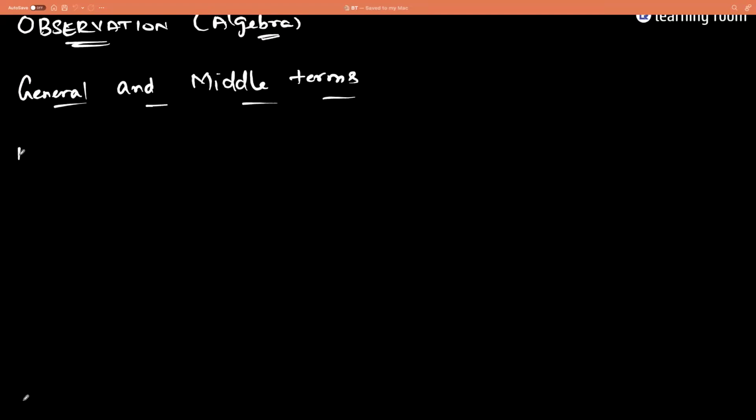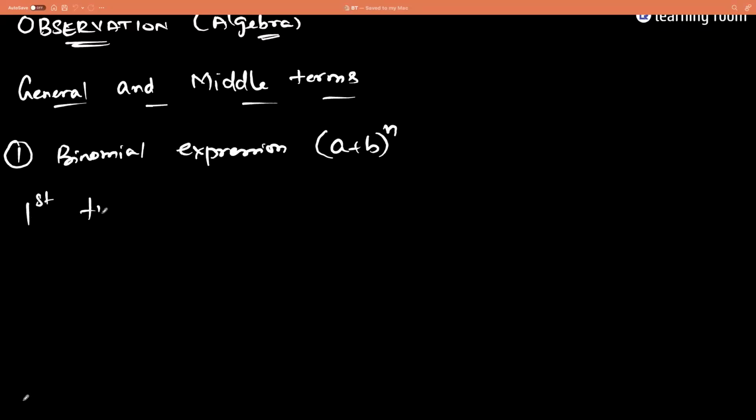So if I have a binomial expression (a plus b) the whole power n, then what is the first term that we have? It is nC0 a power n, b power 0.